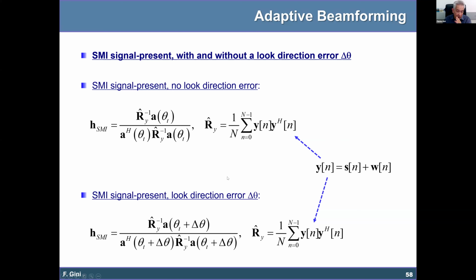If there is an error in the pointing direction, you are pointing to a direction that is the true value, the true direction of arrival of the source signal, plus an error delta theta. Now, let's assume that we have data contaminated by signal in both cases, and let's compare what we get in two different cases. So no look direction error, first case, look direction error, second case.